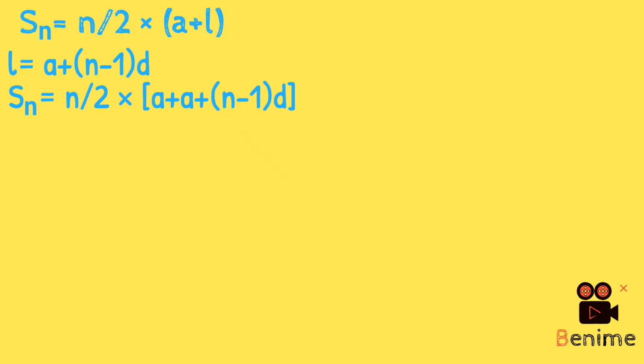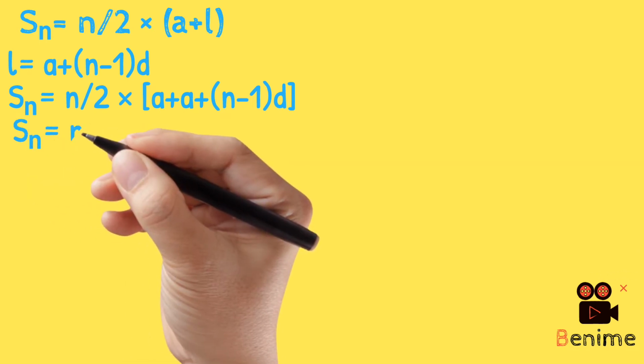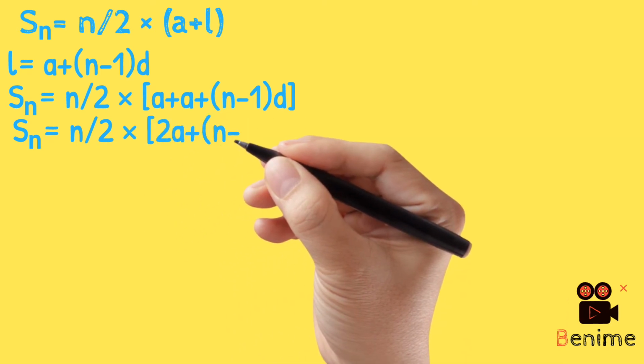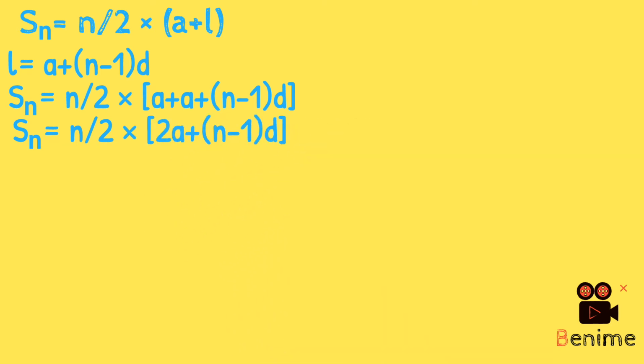Now a plus a will give you 2a. So your formula is Sn is equal to n over 2 open bracket 2a plus open bracket n minus 1 close bracket d close bracket. So that is the second formula for the sum of n terms.